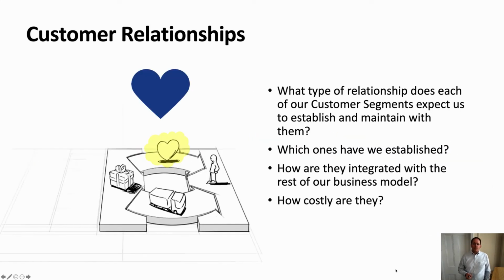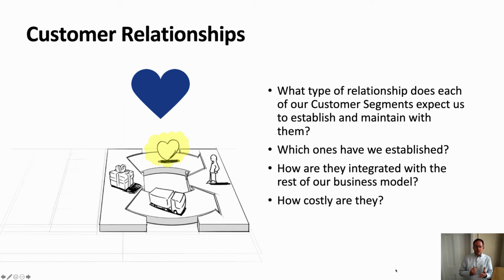Customer relationships, and again, just think about the terminology of this. What type of relationship does each of our customer segments expect us to establish and maintain with them? So consider this.